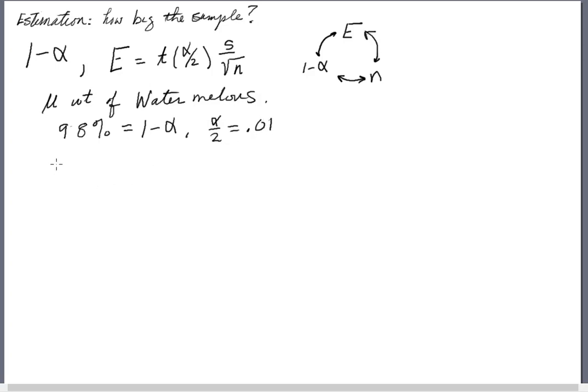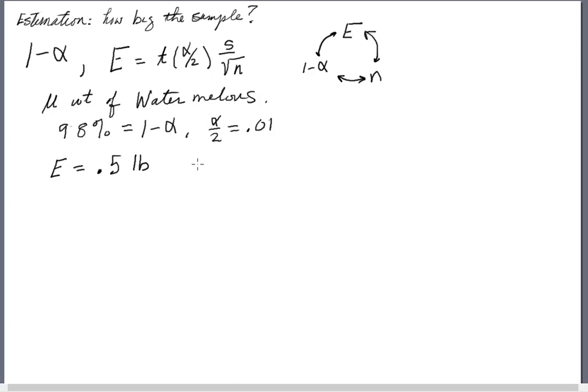And suppose that we want to have a margin of error that's no more than a half a pound, no more than 0.5 pound. Then let's get started here on figuring out how big a sample would have to be in order to achieve these two goals.